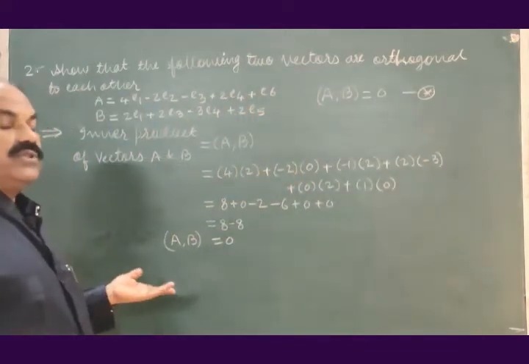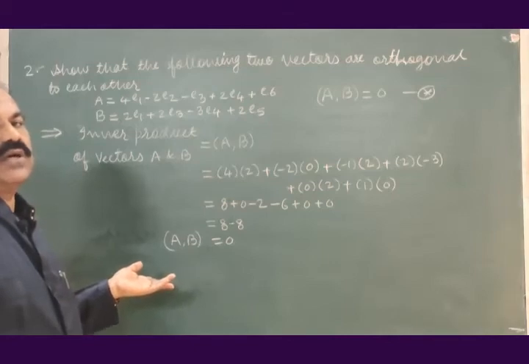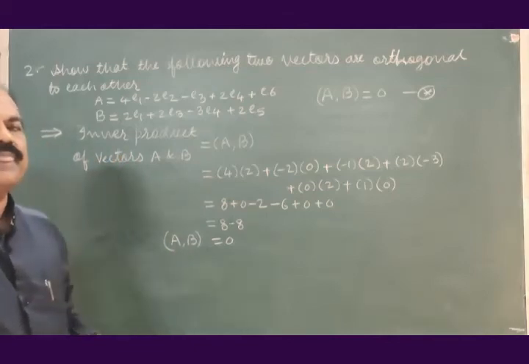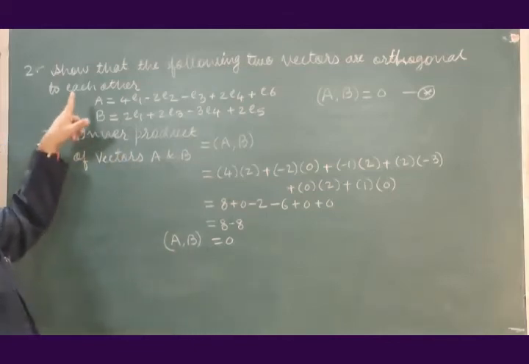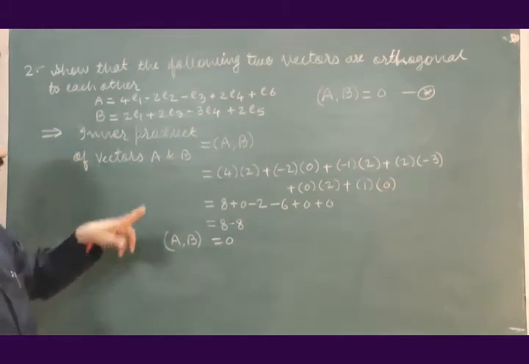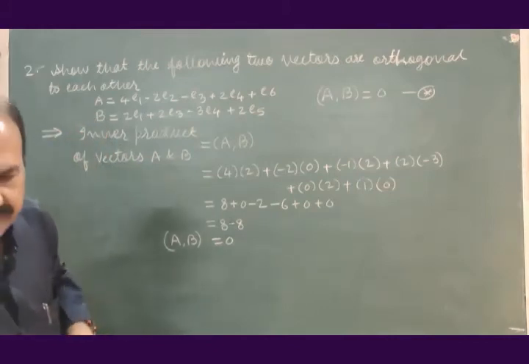After having found the inner product of vectors a and b, let us find the norm of vector a and the norm of vector b.